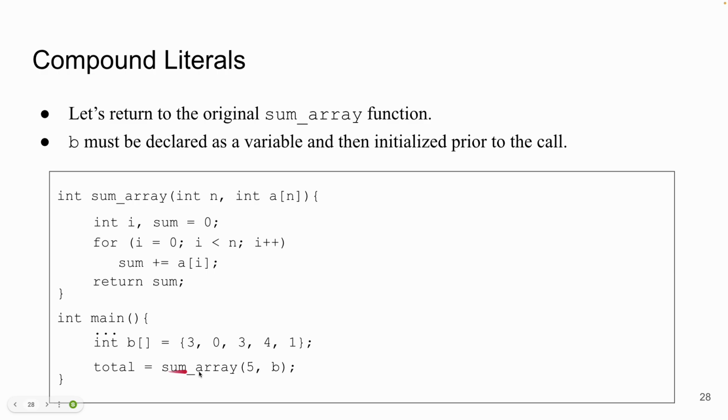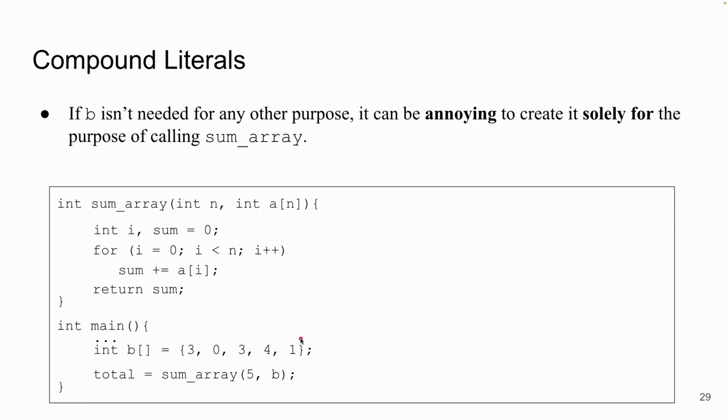And then I just use sum array to sum all the elements in B. So here I provide 5. So that will be all the elements in B. In this case, if B is not needed for any other purpose, maybe for this example, I just create B so that I can get the sum of this list of integer variables.